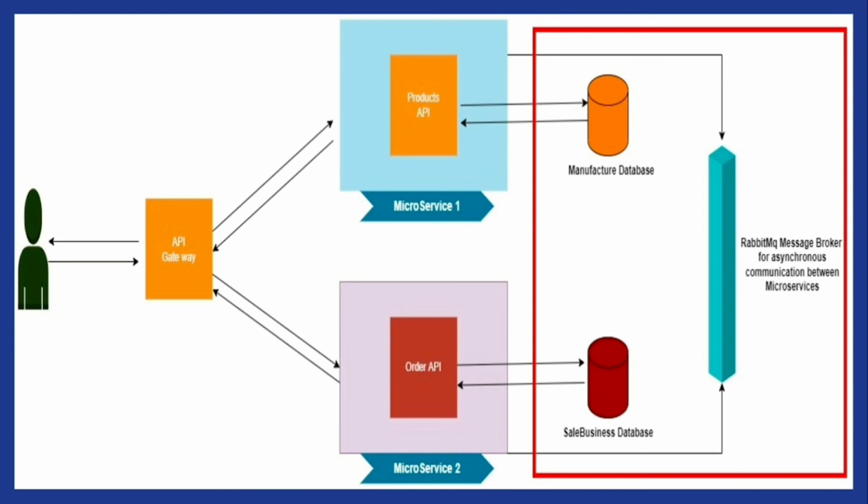So in this video, we have finally accomplished our RabbitMq message broker for asynchronous data communication between our two microservices. Okay. So next will be the last video of our series where I am going to create an API gateway to make a single domain for the client applications to consume different microservices endpoints.